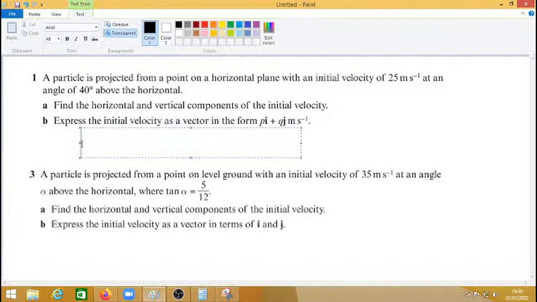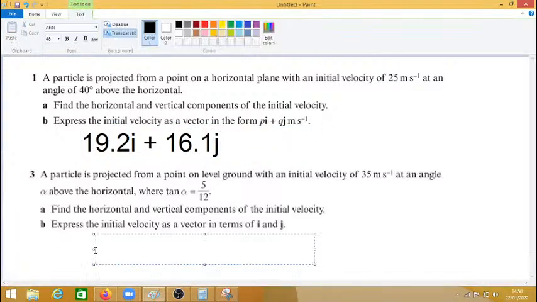So for 1A, horizontal is 19.15. So for part B, we'd add an I to that. And then we can round that to 19.2 just to get you in the habit of rounding to 3 significant figures. And then vertically it's 16.069, which can round to 16.1, and we'd put a J on that.